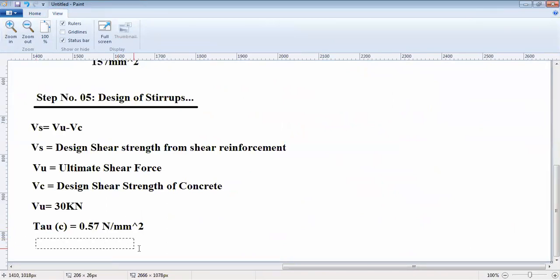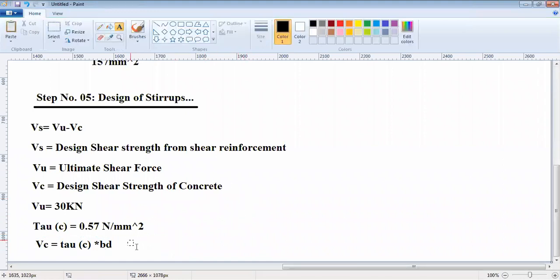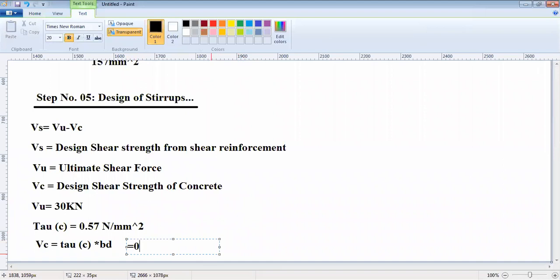Now, what is VC then? Yes, it's tau C into B cross D, or small d? That's equal to 0.57 into B, B is 200, D is 254.